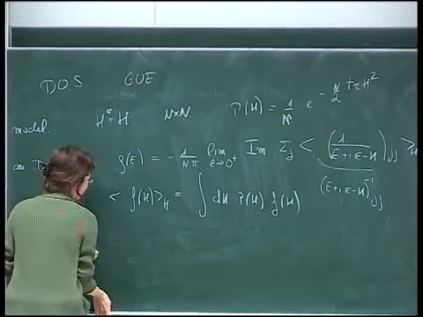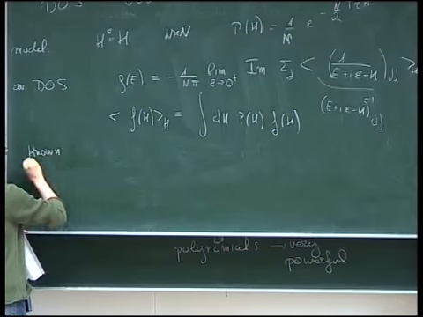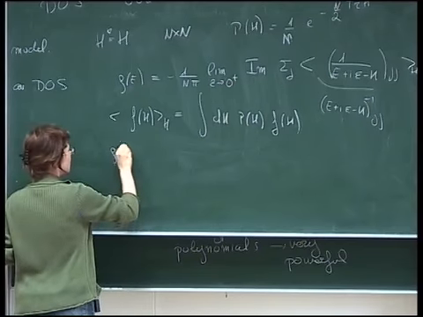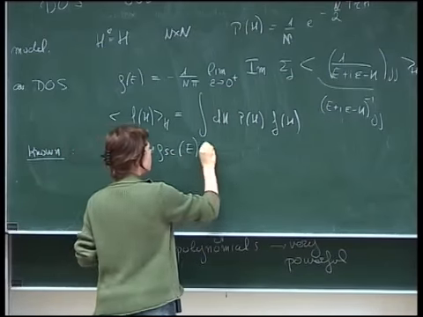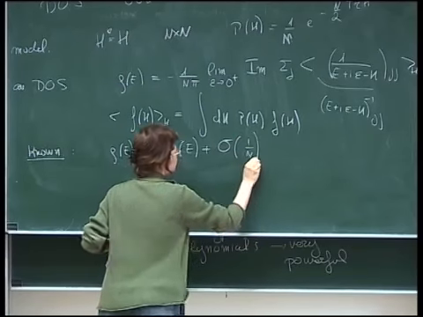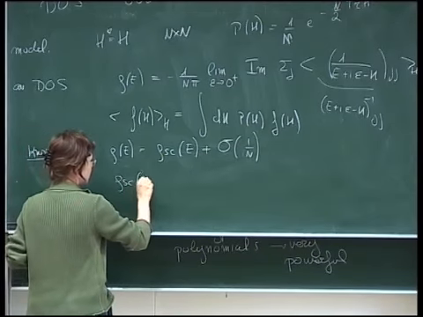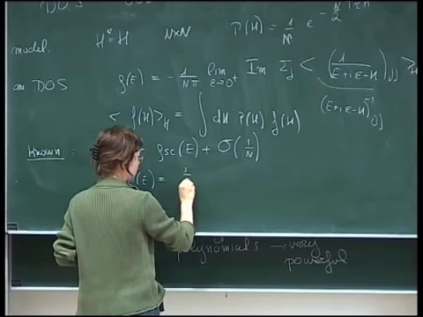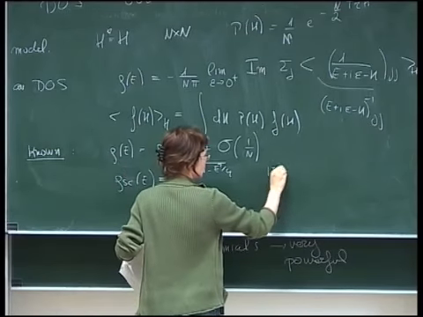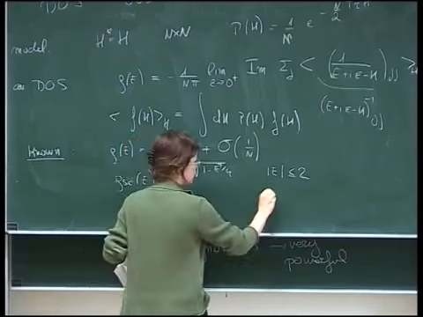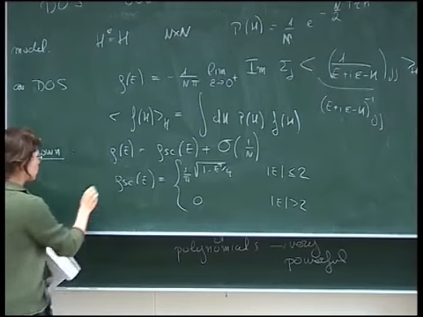So we know already that rho of E is equal to the so-called semicircle law plus corrections that go to 0 with n, and this is equal to 1 over pi square root of 1 minus E squared over 4, if E is smaller or equal to 2, and 0 otherwise, and that's the so-called semicircle law.